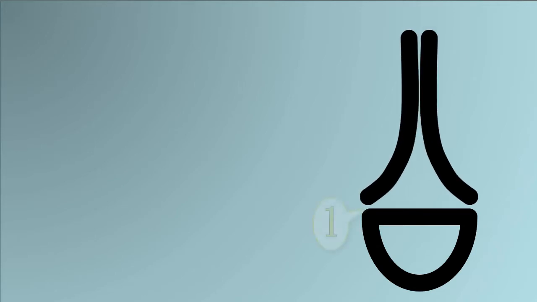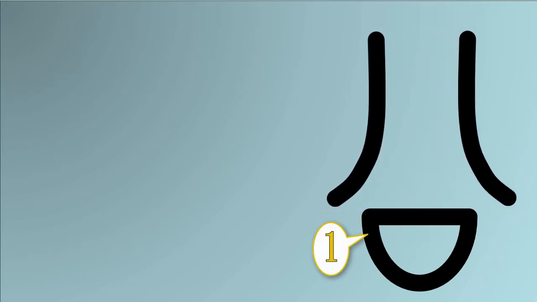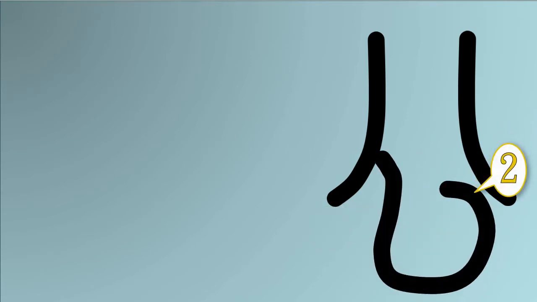The second character in today's lesson looks like something is being separated, but Chinese etymologists cannot agree on what that something underneath is. This character is pronounced first tone.